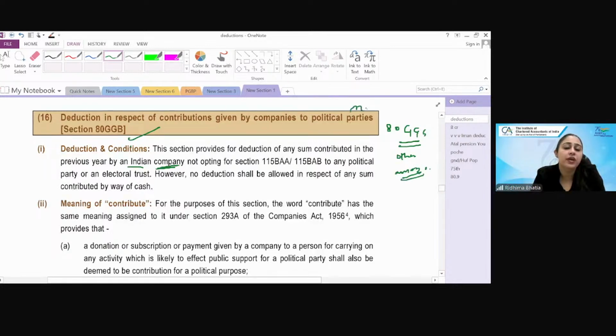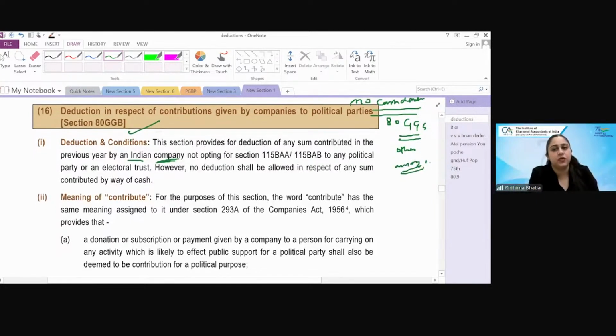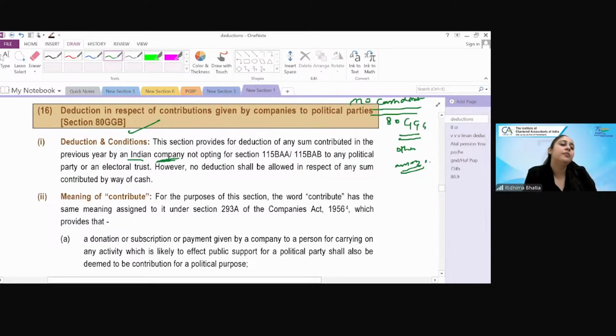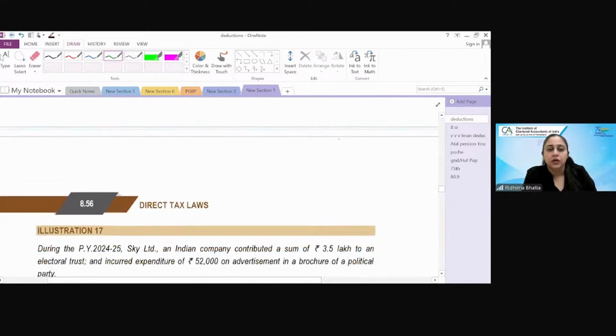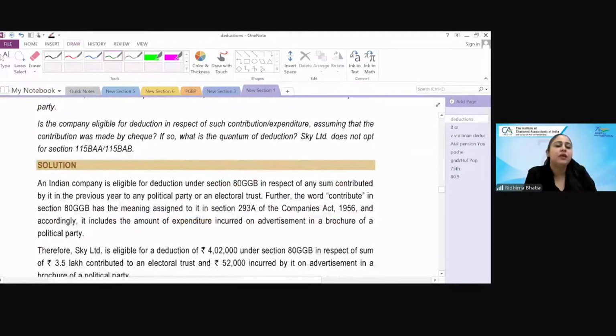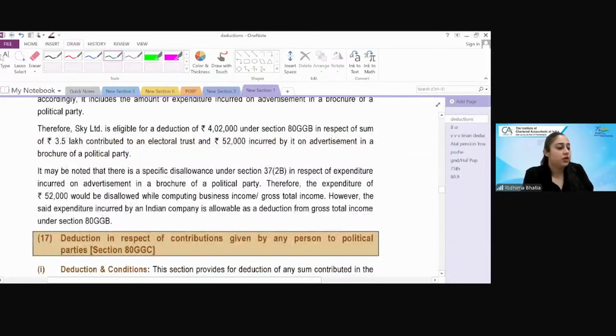Here strictly no cash donations. Both sections cover no cash donations. Either donate to political parties or give in their souvenirs and so on, but there should be no cash donations. You can claim 80GGB and 80GGC. So if I am making a donation to a political party, I'll claim 80GGC. Everything else is the same. So if it is a company you will apply GGB, if non-company you will apply GGC.